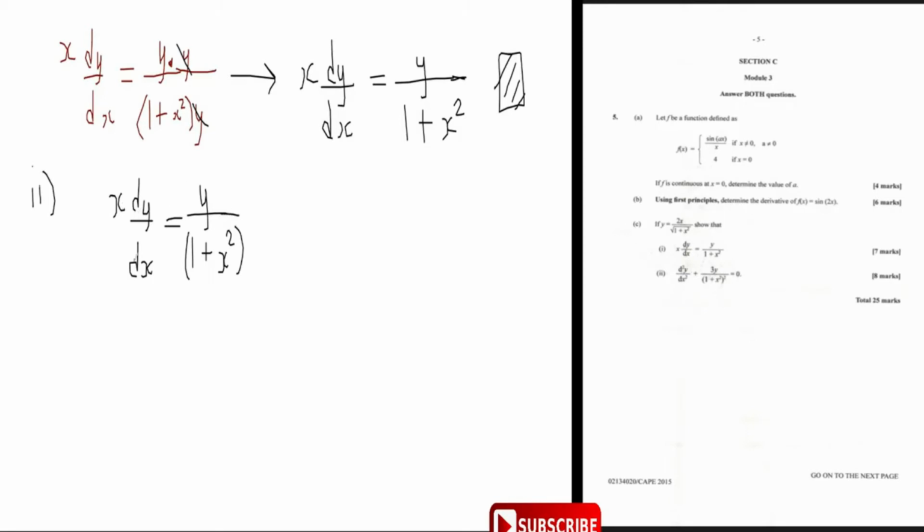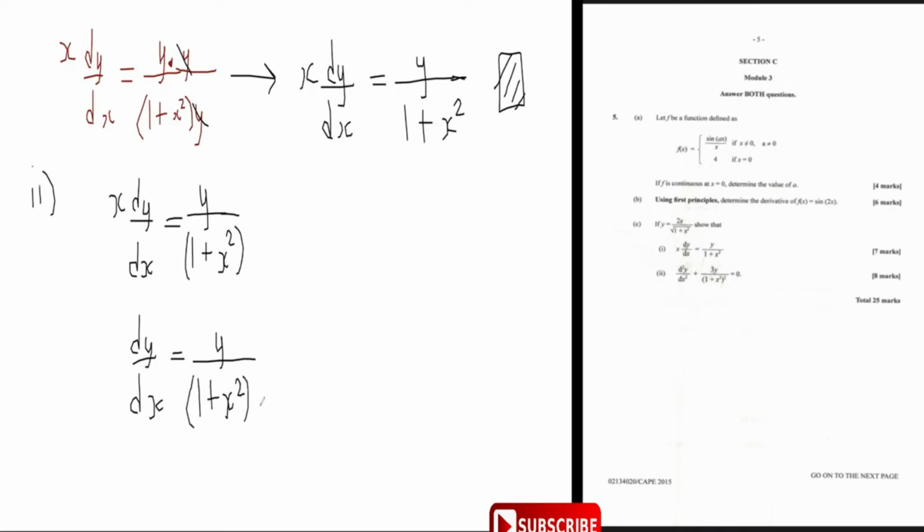If I divide both sides by x, dy by dx is really equal to y over 1 plus x squared times x.